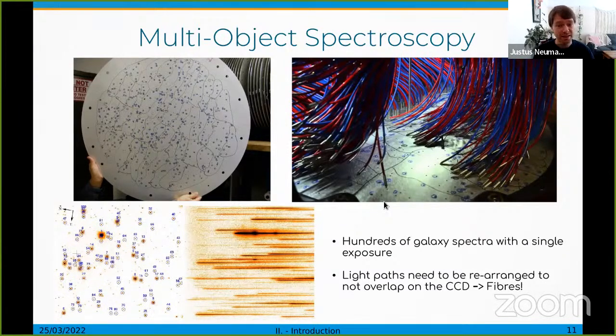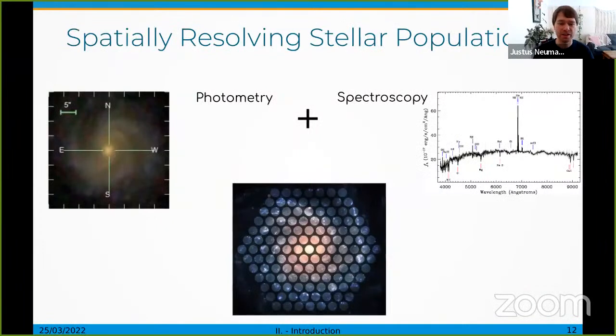And this technique can now be used not only to observe different objects, but actually to observe one object, like one extended object, like a nearby galaxy, in a spatially resolved way. If we have the large extent of the galaxy, we can cover the field of view with a lot of fibers, for example, and get spectra for different parts of the galaxy, in the center and the outer parts, and so on.